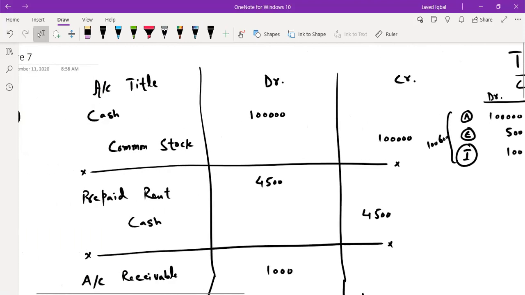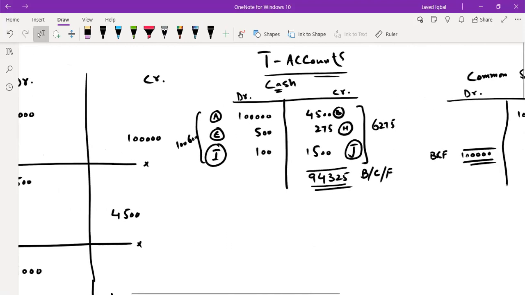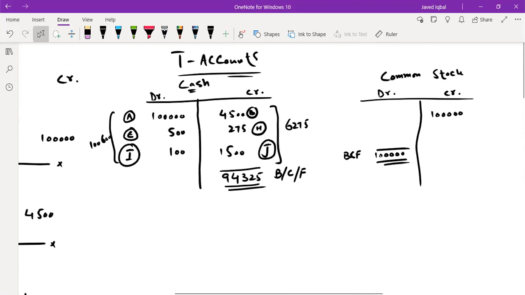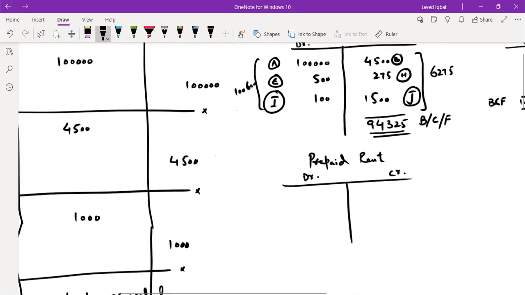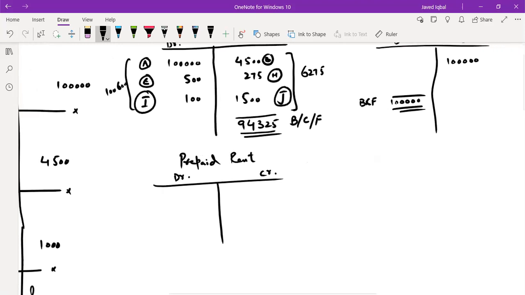Okay, the next account is prepaid rent. So we will be forming the T account of this prepaid rent. Prepaid rent's T account has debit and credit. It is debited as 4,500.